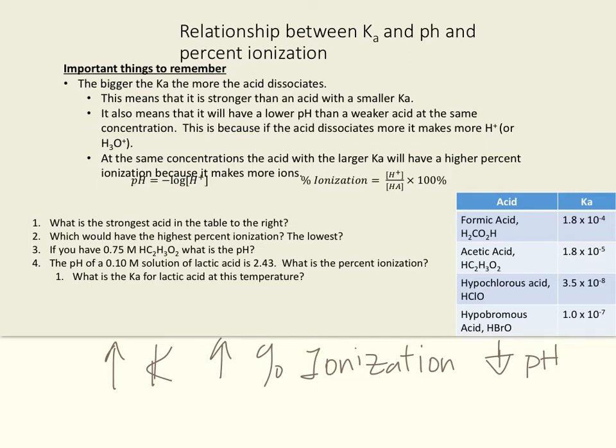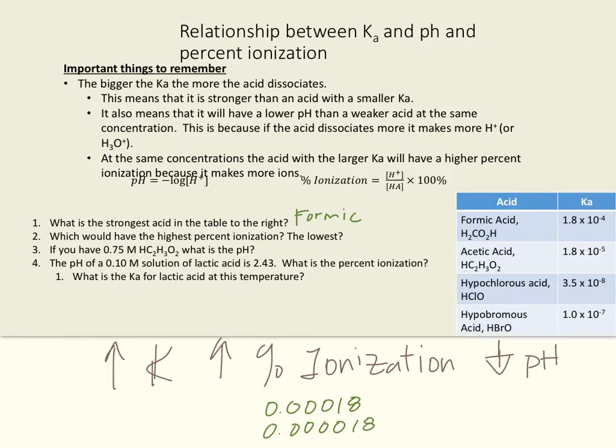And so the strongest acid in this table is going to be the one with the biggest Ka, and so that would be formic acid. Because 1.8 times 10 to the negative 4 is this, and then the next one is 1.8 times 10 to the negative 5.